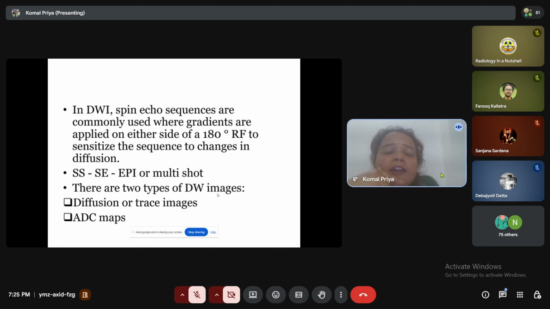So in diffusion weighted imaging, we apply spin echo sequences where the gradients are applied on either side of the 180-degree rephasing pulse, so that they can sensitize the sequence to changes in diffusion. That is why these are known as ultra fast imaging sequences, because we apply here SSSE EPI. Can anyone tell me the full form of this?